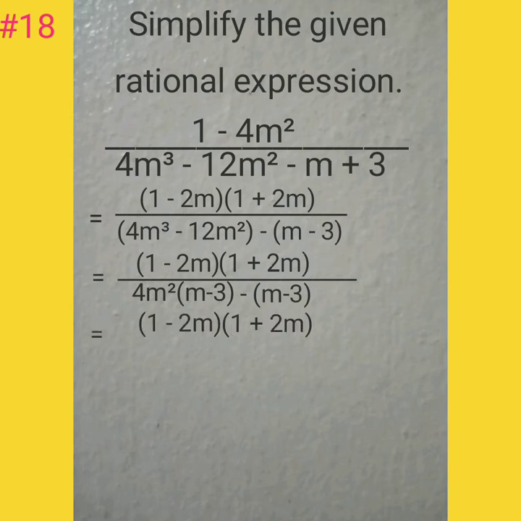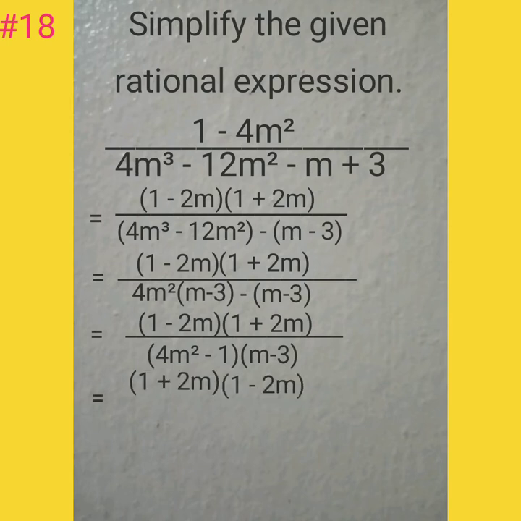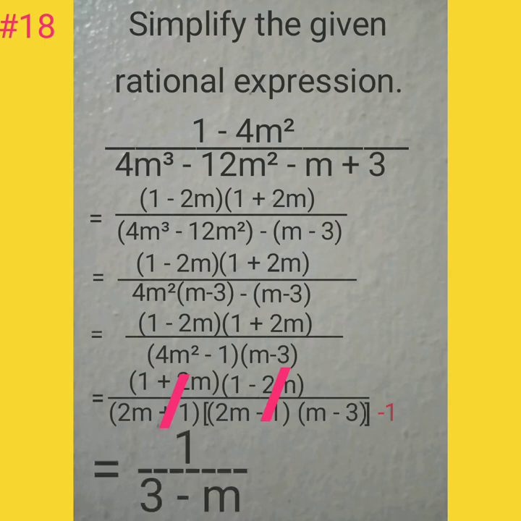The factors of the denominator are 4m² - 1 and m - 3. The simplified form of (1 - 4m²) all over (4m³ - 12m² - m + 3) is 1 over 3 - m.